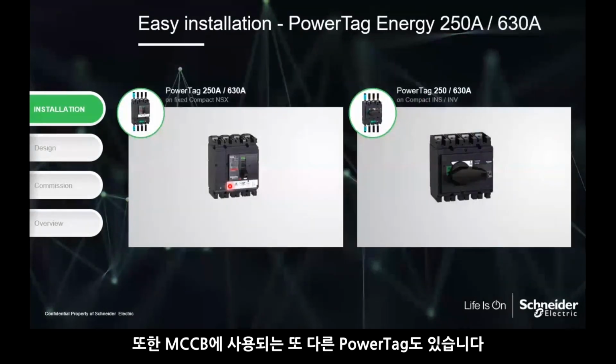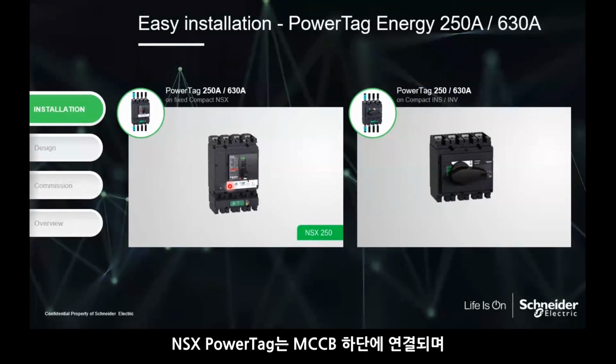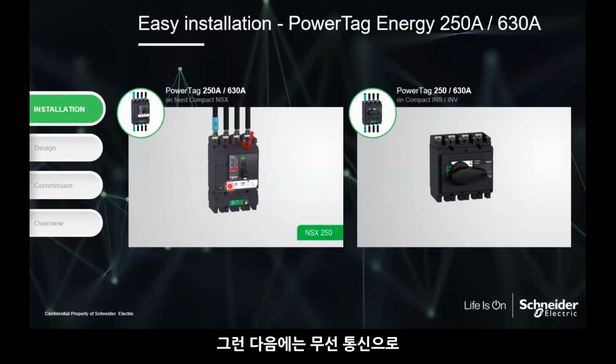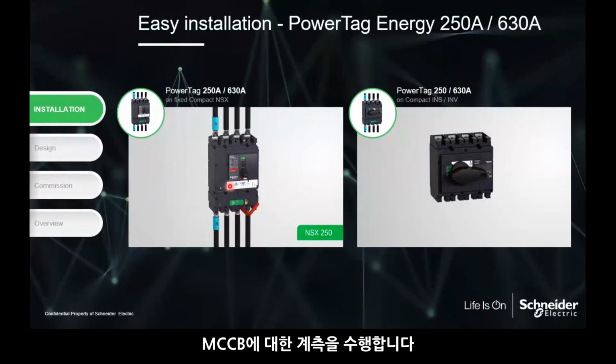We also have another set of PowerTag that works on MCCB. We call it NSX PowerTag. It's connected to the bottom or right of the MCCB, and then the cable just terminates at the top and the bottom. Then you are doing metering on your MCCB by wireless communications.